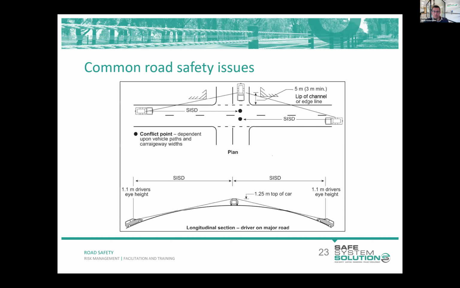It's not part of the Austroads Guide to Road Design Suite. It's a separate Austroads document, and it spells out the radii that you should adopt for different design vehicles. So there's no one magic radius, but 12.5 and 15 are fairly common.